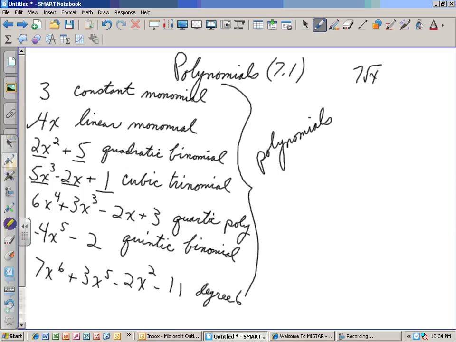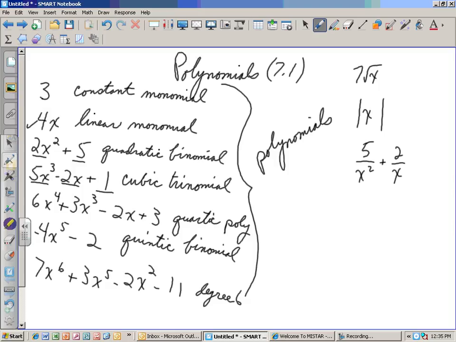Now, do you see anything like that up there? No, because that's not a polynomial. And we don't see anything with absolute value, because that's not a polynomial. We don't see anything where we have variables in the denominator, because this is not a polynomial.